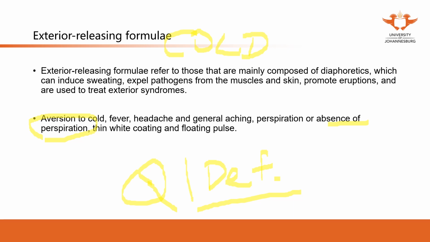The coldness has the characteristics of constriction. So it constricts the superficial level. The coldness constricts the superficial level. It closes the pores of the skin. So the patient presents as absence of perspiration.